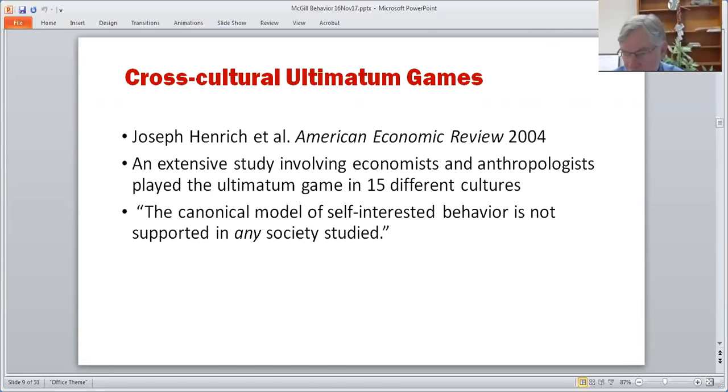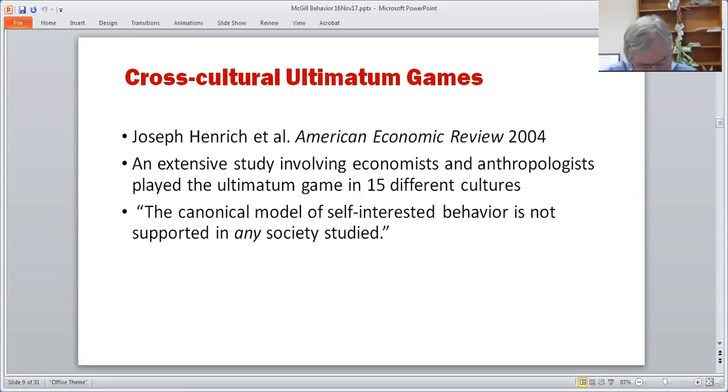People go out in really small groups, maybe an individual or 2 or 3, and they consume most of the food on the spot. They didn't do this study, but the same kind of culture is the San of Namibia and Botswana.